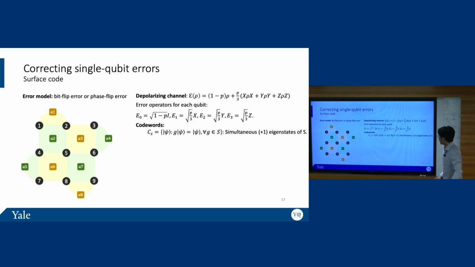And the code words can be defined on the 9 physical qubits. It will be a mess to write down the exact state of the entangled encoded states of my 9 qubits. But thanks to the stabilizer formalism, we know it's a state that is a +1 eigenstate of all my stabilizers, introduced in the previous slides.